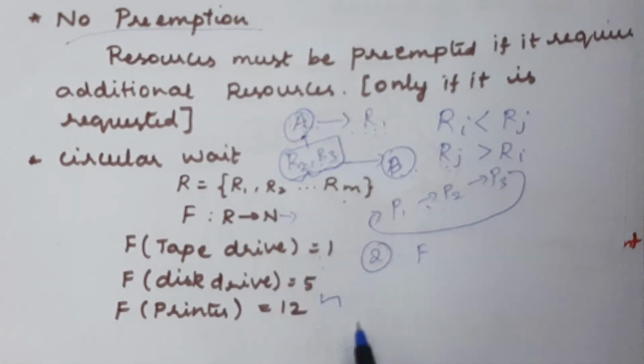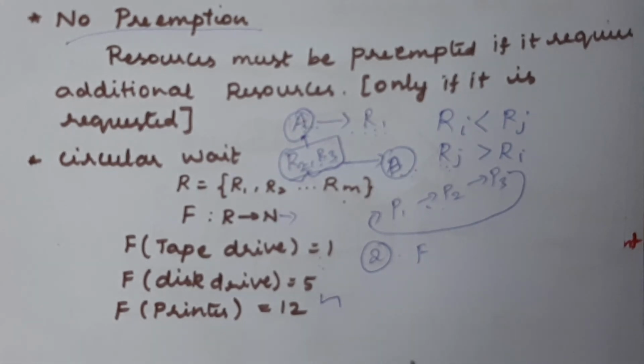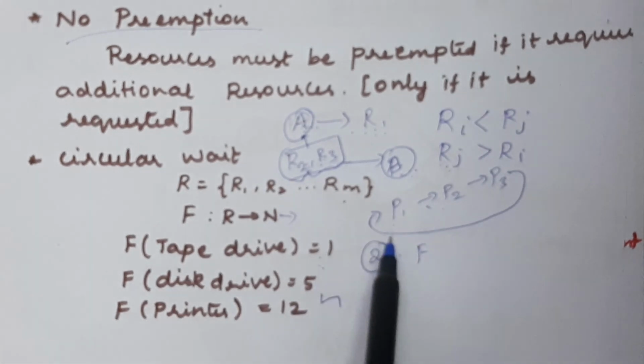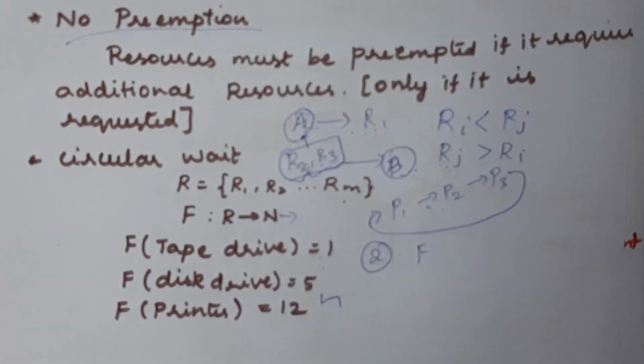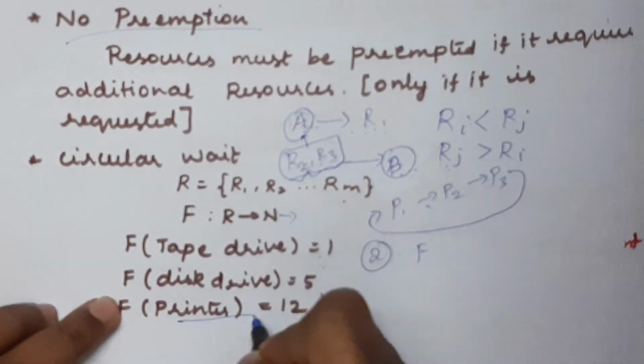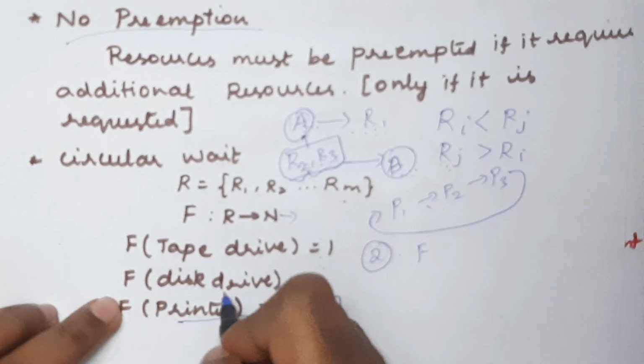Second method is while it is releasing the resources, we need to follow some conditions. The condition to be checked for releasing the resources is this: initially it has some resources, and additionally it requires some other resources. Suppose it requires initially a printer, and then it requires a disk drive.